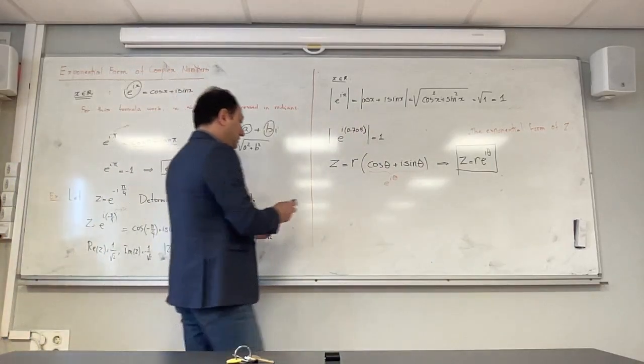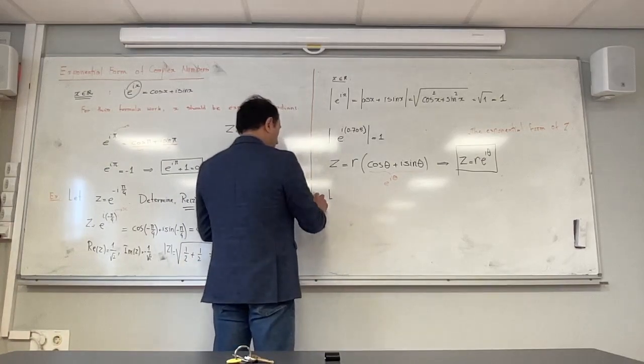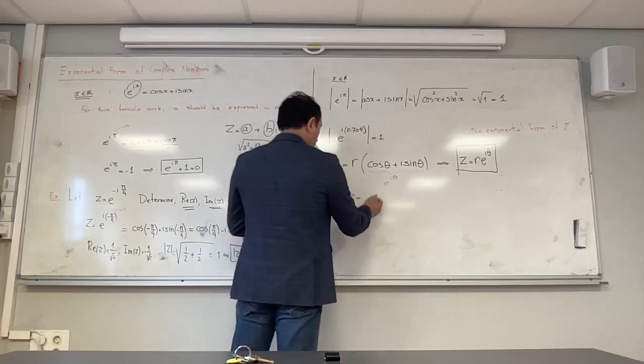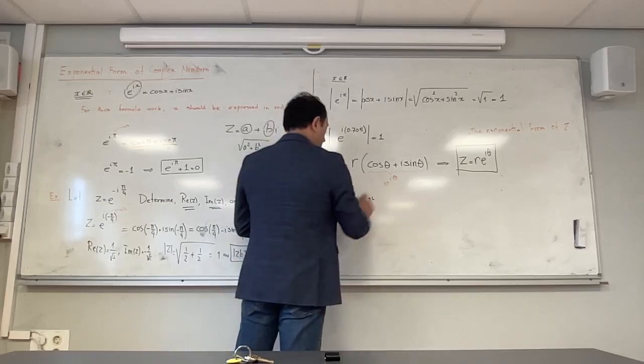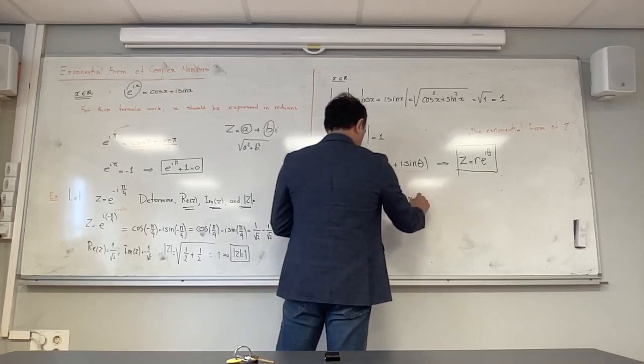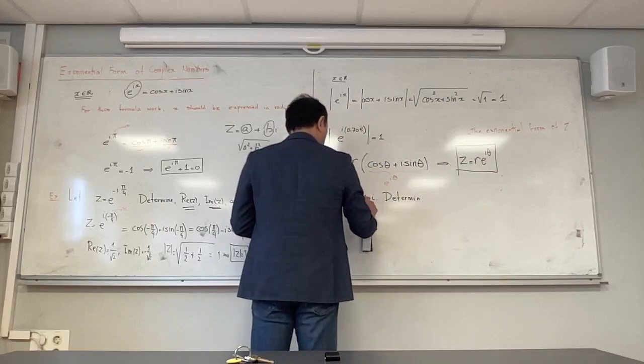For example, let us just do a simple thing. So let z be equal to 1 plus I. Let me make it a little bit more interesting. So let us put a minus sign here.